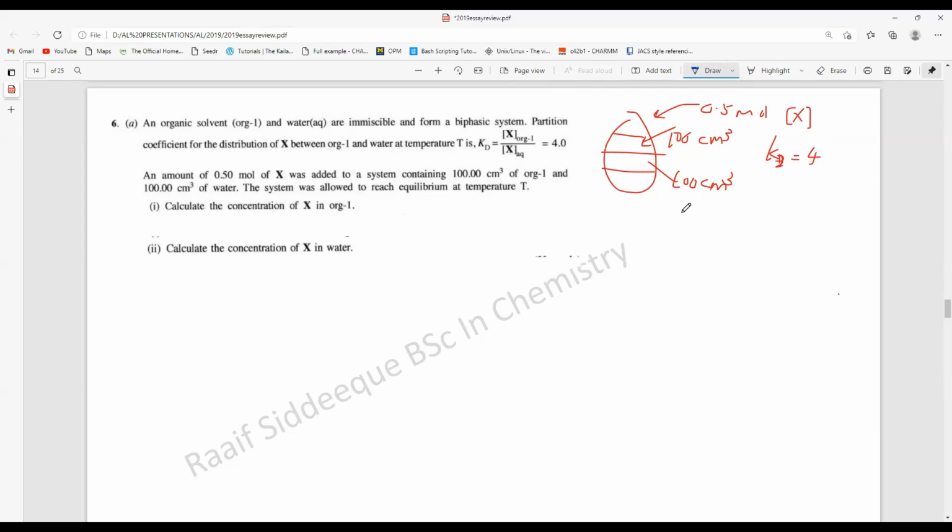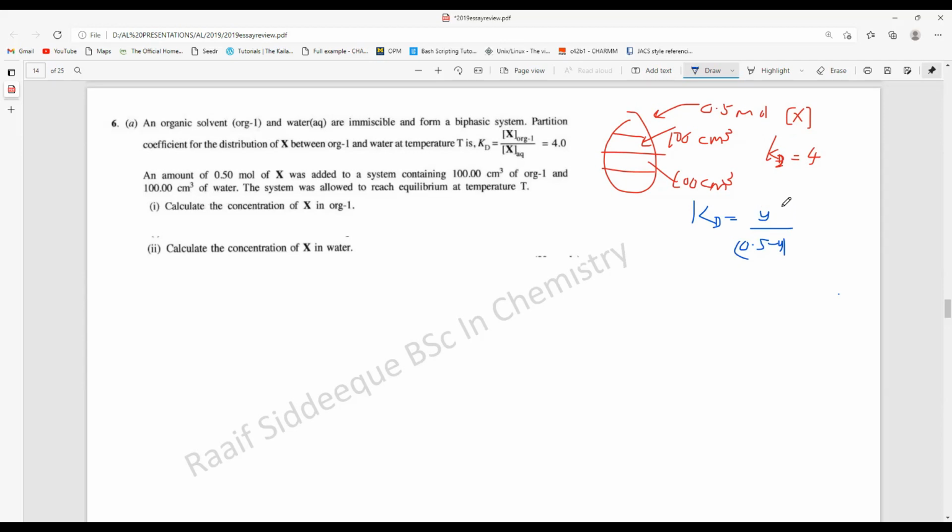So if I take this Kd equal, the moles of X present in organic will be, let's say, Y moles, and the amount in water will be 0.5 minus Y. Why? Because the total amount is 0.5.